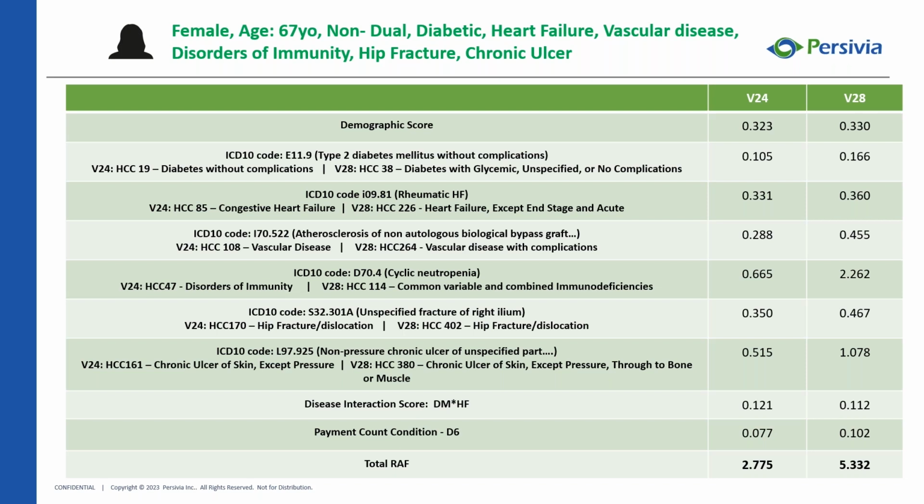So CMS will continue to make higher payments for an enrollee who's dually eligible compared to someone who's not, even though they may have the same health conditions. CMS has also stated in the announcement document that there is a greater share of dual beneficiaries enrolling in MA. Now I will pass it on to Dr. Shannon Decker, who will share her expertise on the coding practices and financial strategies.